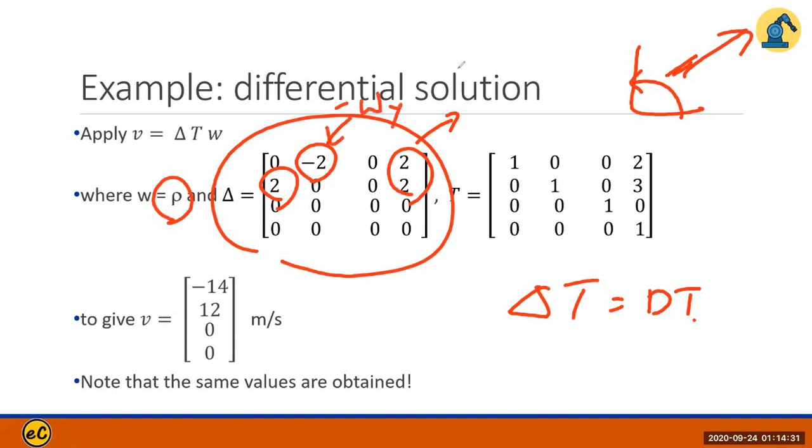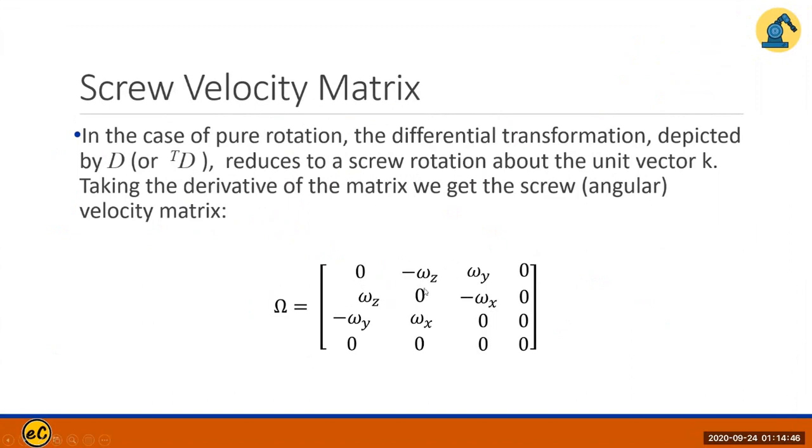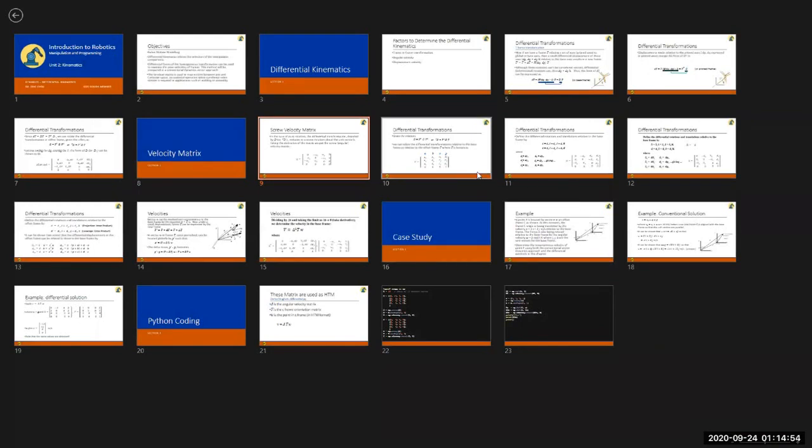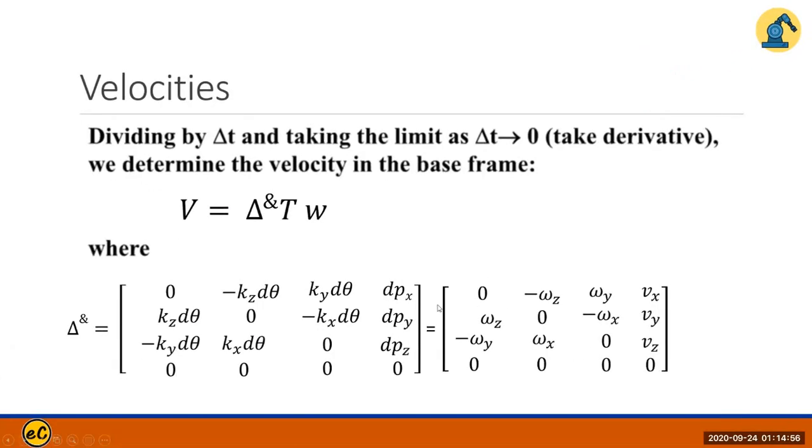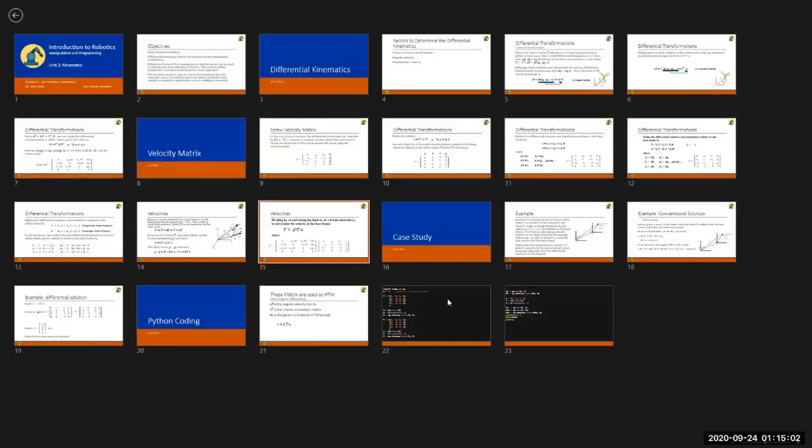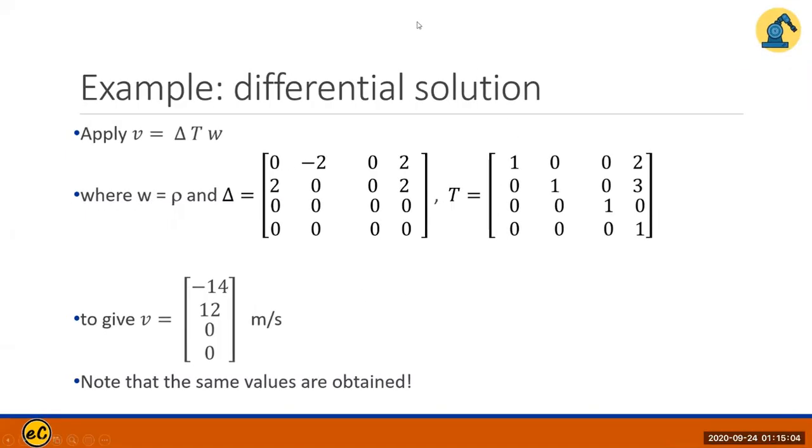This one is the minus omega, and here is omega. So let's look at the matrix. They correspond to such a matrix. And here you put some vector because you are looking at the relative velocity over here. And you have the frame coordinate, the origin point coordinate 2, 3 shown up here, and we can calculate this. So let's look at the Python code here.